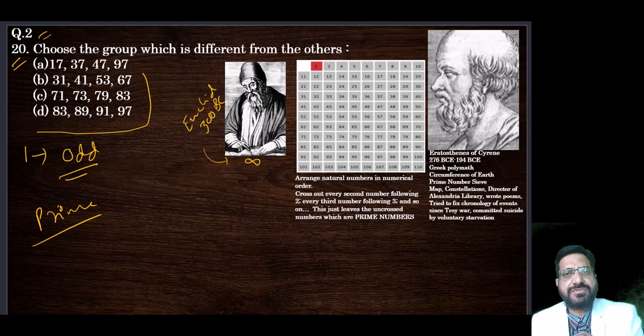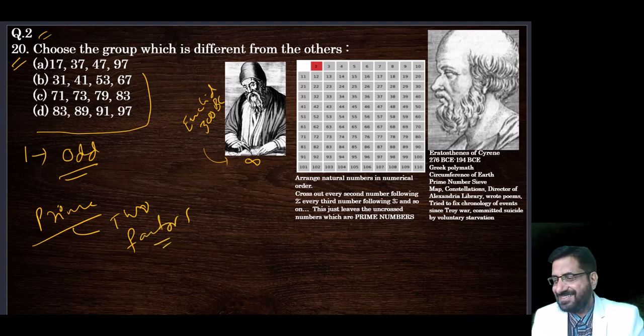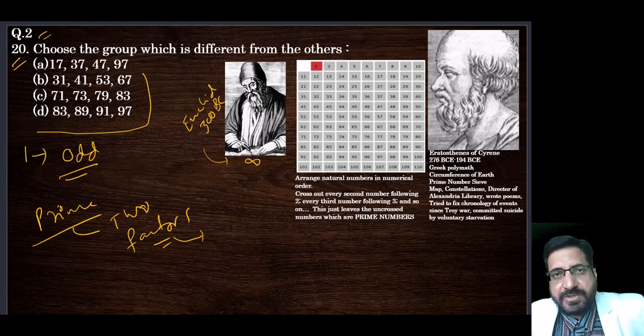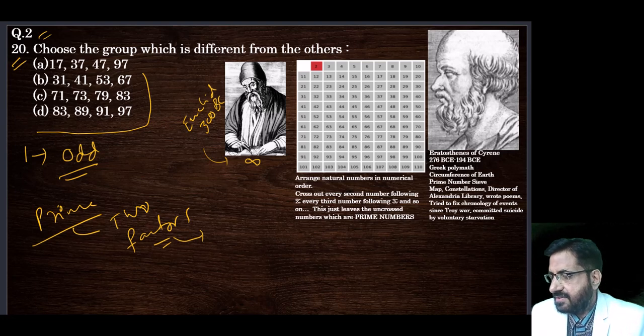What are prime numbers? I hope you know. Those numbers which have only two factors. What is a factor then? My dear friends, if you don't know, I'm sorry. I imagine that you all know such simple things, but even then I give you one-line explanations. A prime is a number which has only two factors.